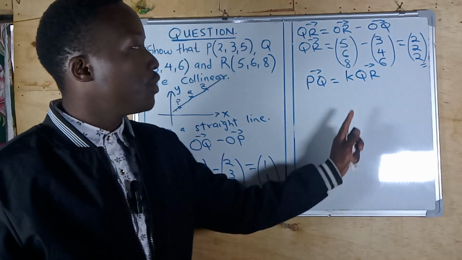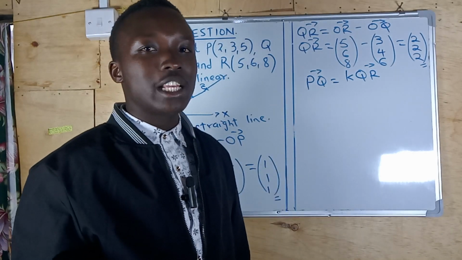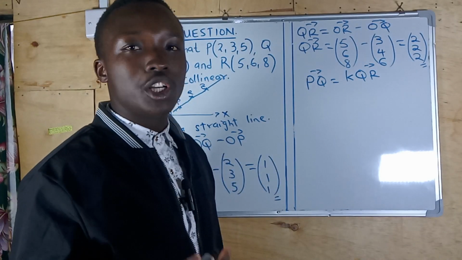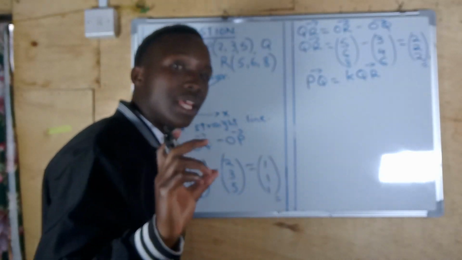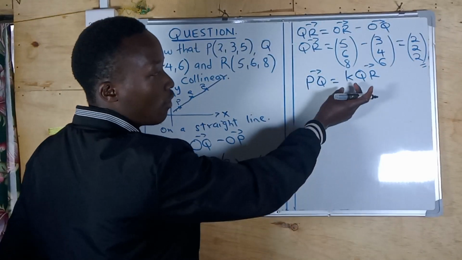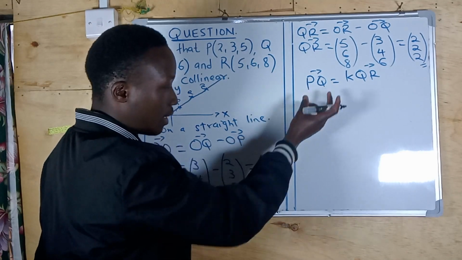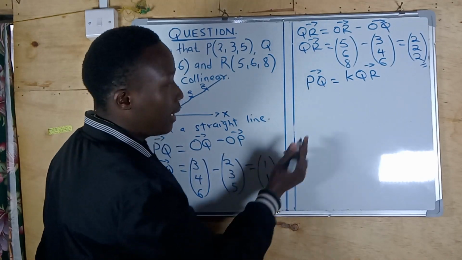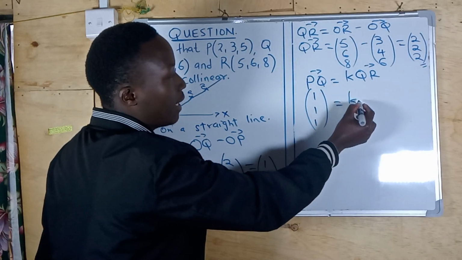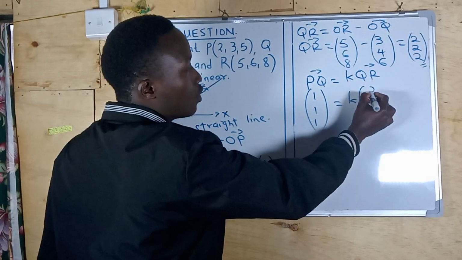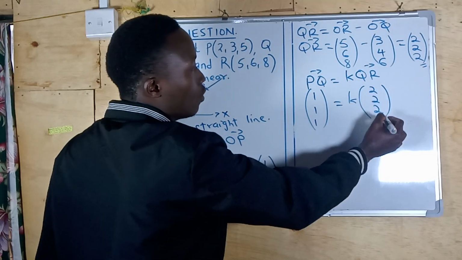Why have we introduced constant k? Because parallel lines are multiples of one another. So collinear points, being also parallel, are multiples of one another. So we take PQ, that is (1, 1, 1), equal to k times QR, which is (2, 2, 2).